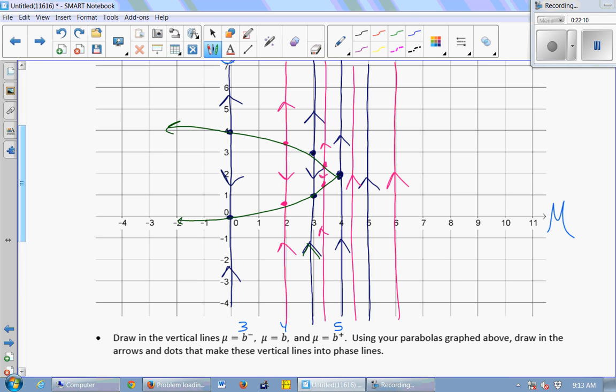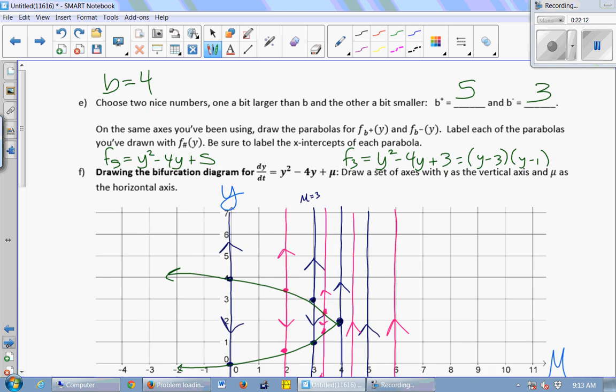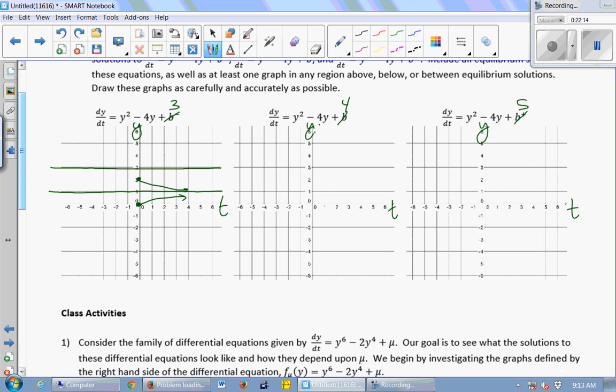So it's increasing towards 3, and it has to have always been increasing. So I have to draw it as an always increasing function. All right, and what about between 1 and 3? It was a down arrow, right? Which means the function has to be always decreasing. So you have to draw it so that it's always decreasing.